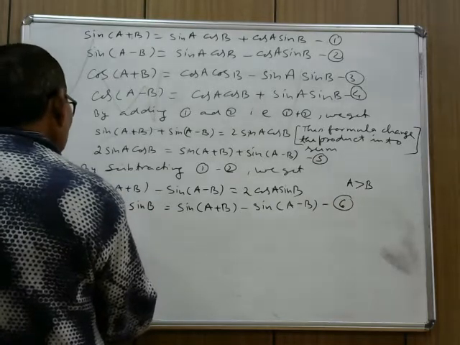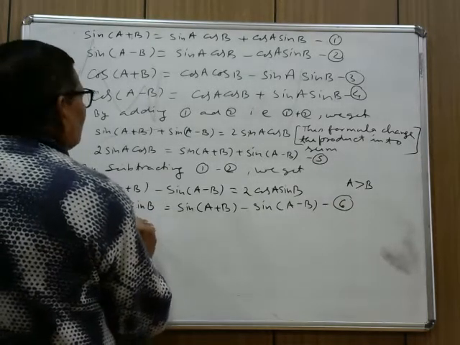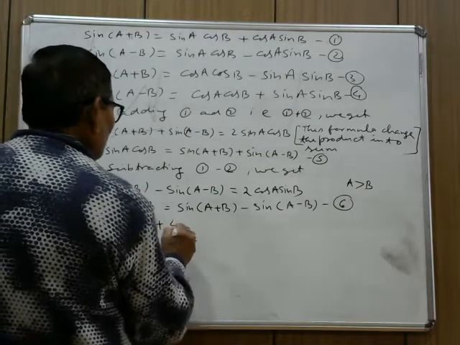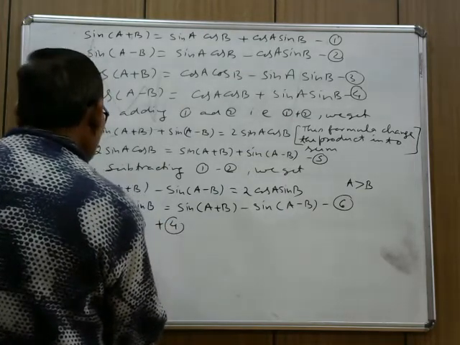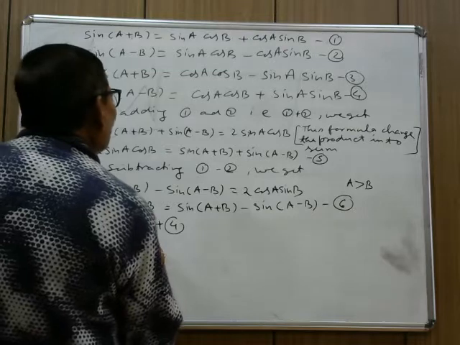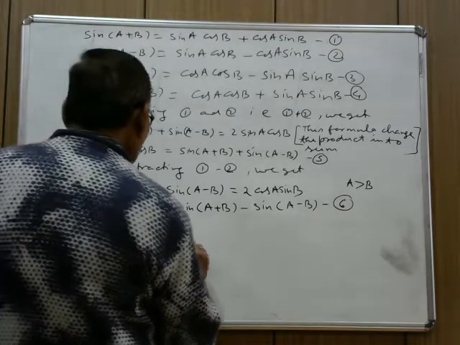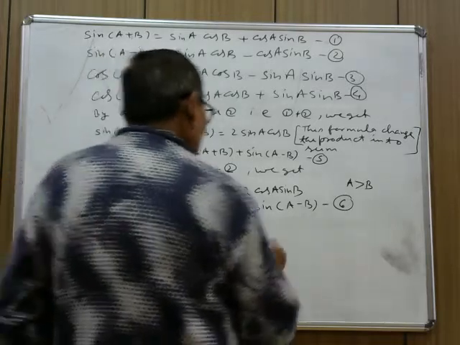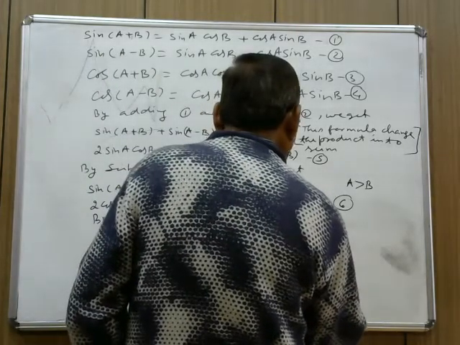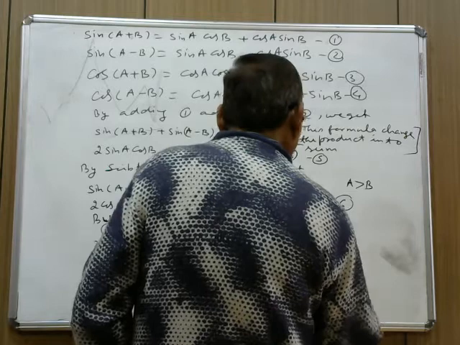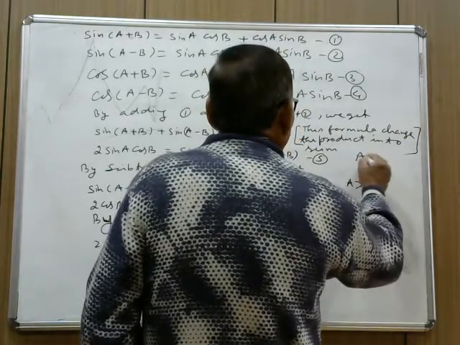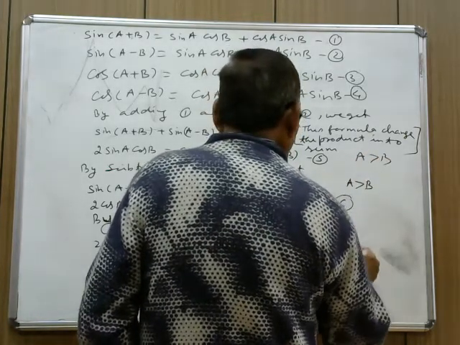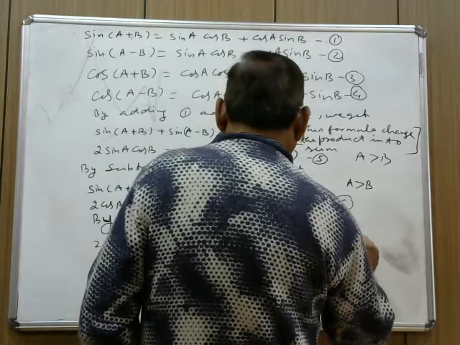By 3 plus 4, we get 2 cos A cos B is equal to cos of A minus B plus cos A plus B. A is greater than B. This is 7.